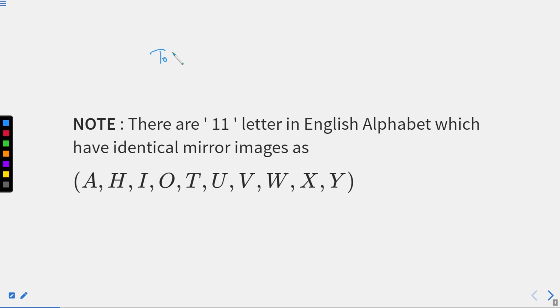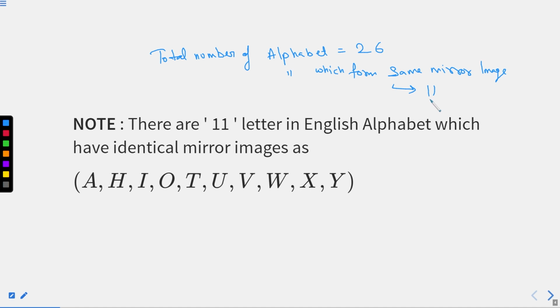Write it down: the total number of alphabets is 26, out of which the alphabets which form the same mirror image are 11 in number. So which are they? Those which make the same mirror image are written here itself.